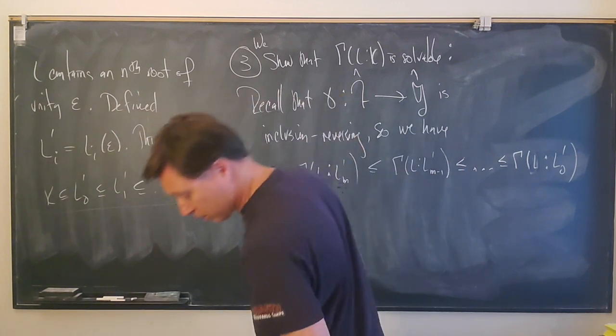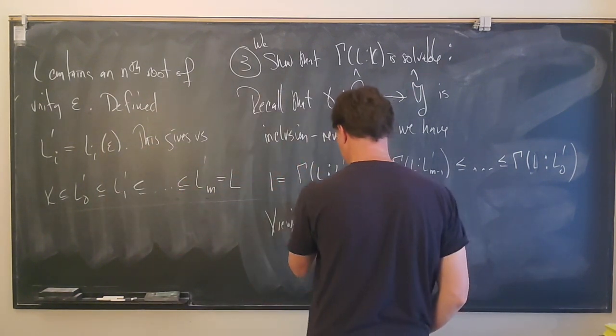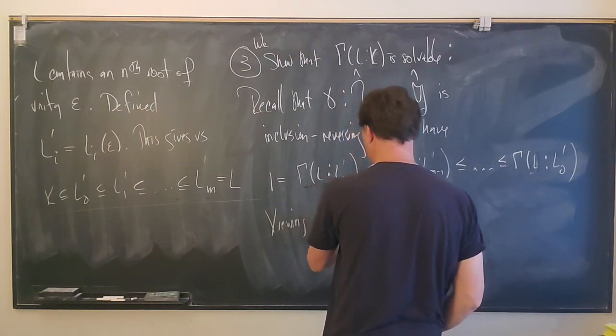Okay, so the next step here, viewing the polynomial, it's going to be x to the n sub i minus theta sub i.